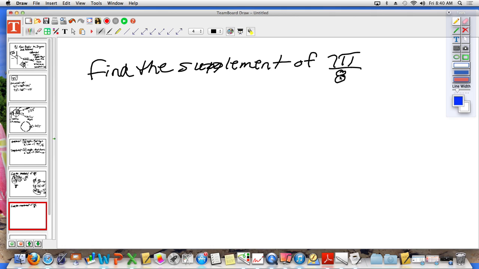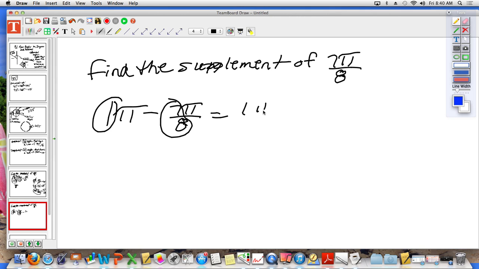So if I took pi and I subtracted from it 7 pi over 8, in other words, you take this 1 and subtract 7/8 from it. 1 minus 7/8 is 1/8. Leave it as a fraction. So you would get 1 pi over 8. This right here would be the supplement of 7 pi over 8.